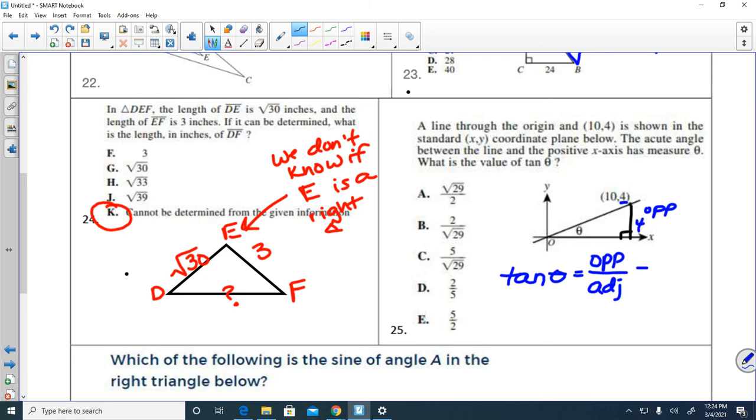So the opposite side is 4. The adjacent side is the side touching theta, but not the hypotenuse, because the hypotenuse is always the slanted side. So that would be this side, and I need to know this measurement. I have the point (10,4), which means the horizontal distance here is 10. So 4 over 10 reduces to 2/5. So I would choose option D.